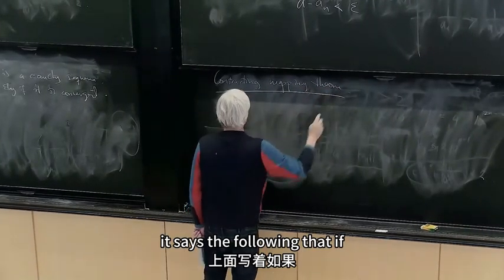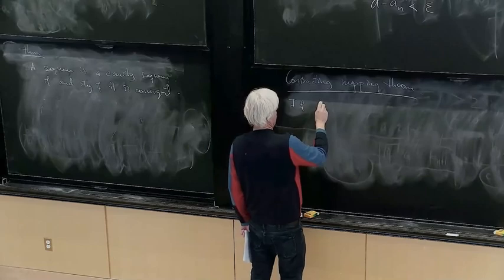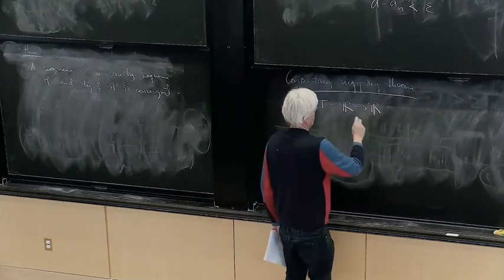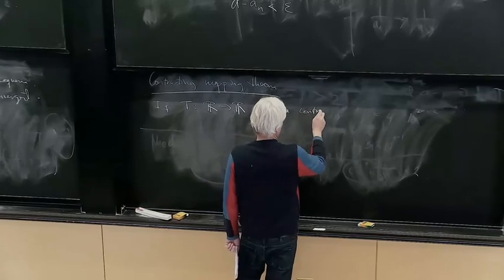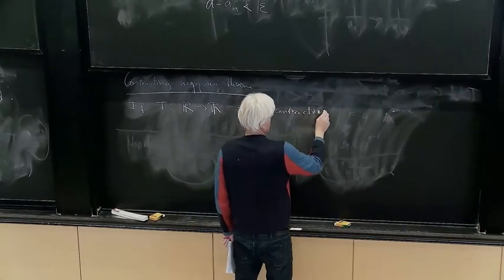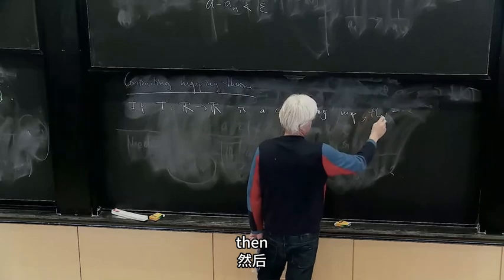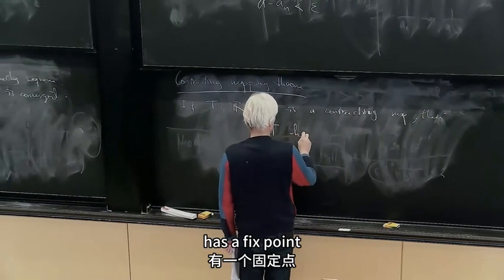It says the following: if T from R to R is a contracting map, then T has a fixed point.